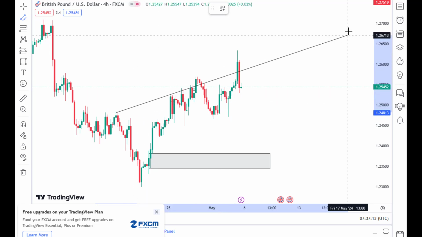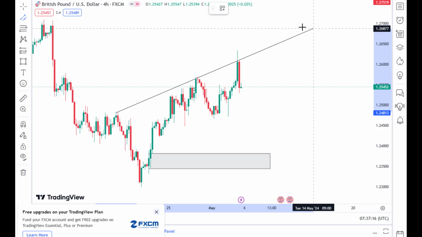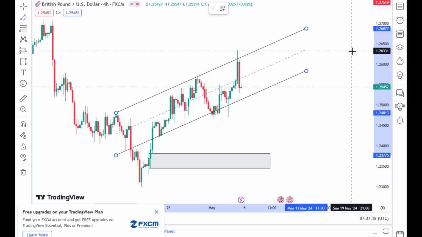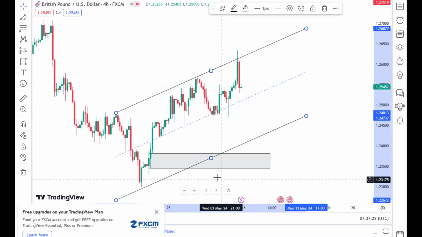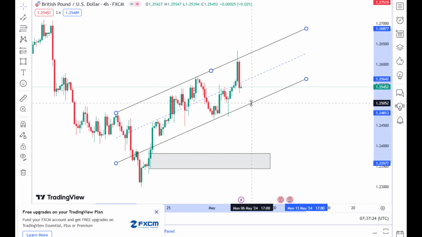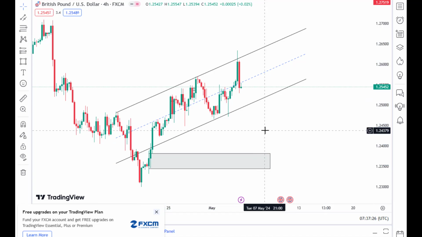And then if you look at it very well, price is also rejected in a particular channel, right? So from this channel here, we can already tell that price can either be moving up or price can pull down to get rejected below here and then keep going up, right?